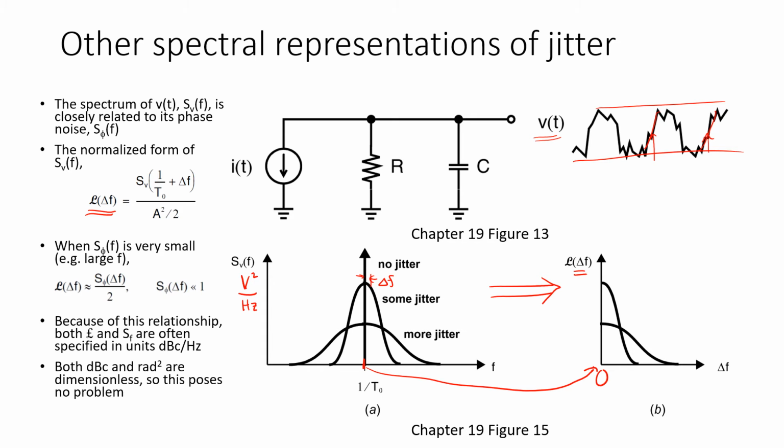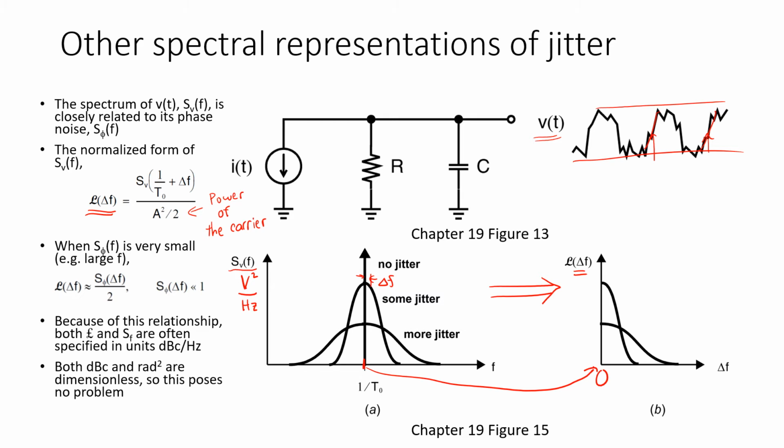So we just normalize the spectrum SV to the total power in the sinusoid, also called the carrier, in reference to the use of sinusoids to carry information, to be modulated and carry information for RF applications.